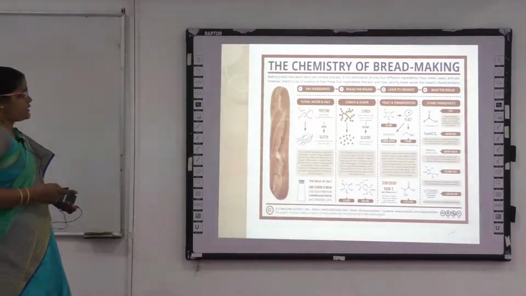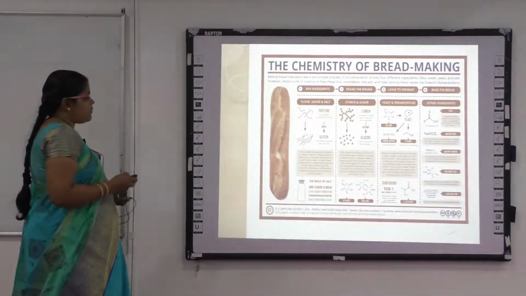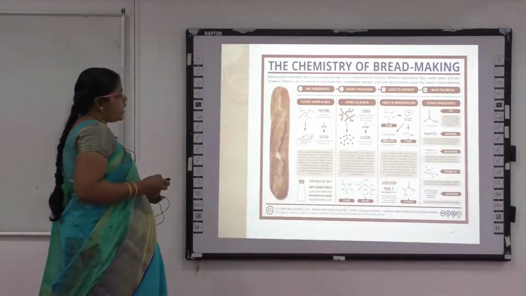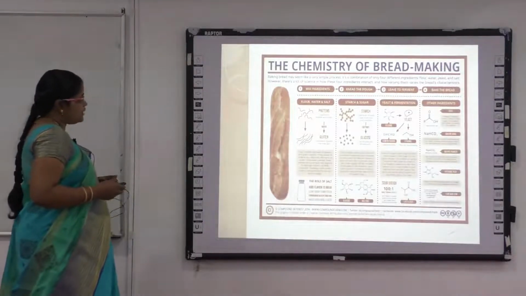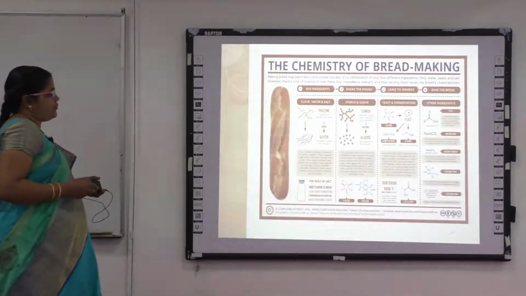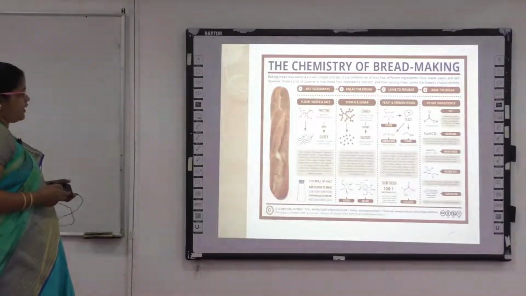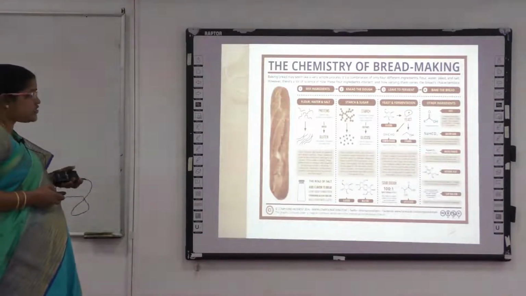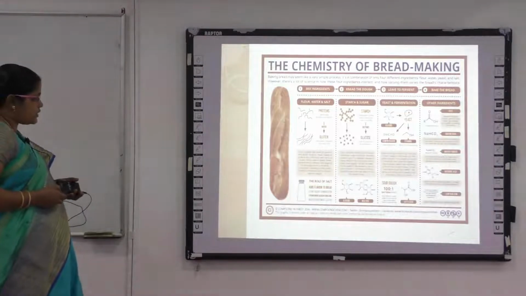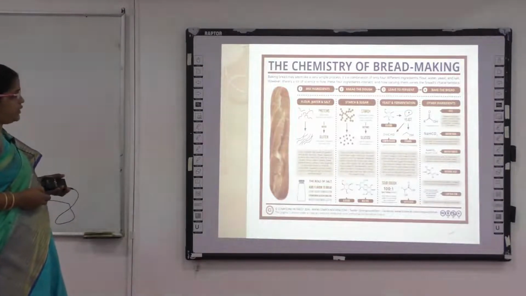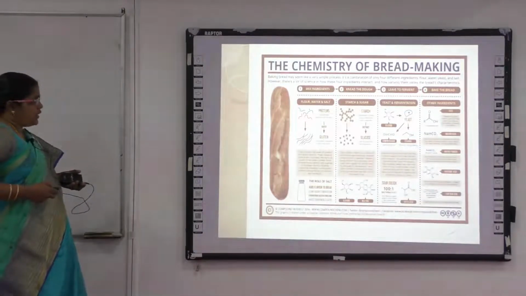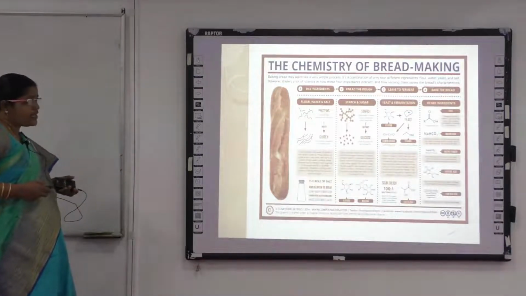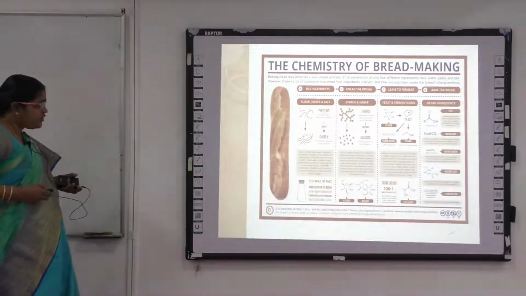This is a very basic look at the chemistry, the chemical reactions that happen in the bread during various stages of bread making. The first stage of bread making is, as we discussed, mixing, that is kneading. In the kneading process, as I already told, wheat flour is the source of carbohydrates, proteins and vitamins.